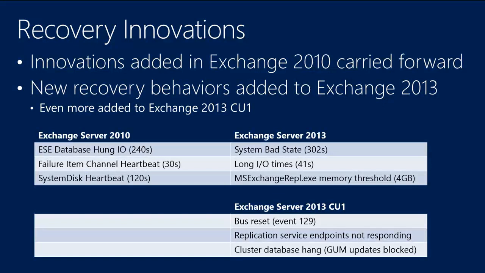When this hotfix is installed, we get much richer information about GUM updates and what's happening at the cluster level from the system. As a result, when we see the new codes from the cluster team that tell us it's blocked, we now have the ability to correct that by, again, forcibly rebooting that box. And as you might imagine, as we continue going down the life of Exchange, I think you'll see more and more of these types of self-recovery mechanisms coming into the product.